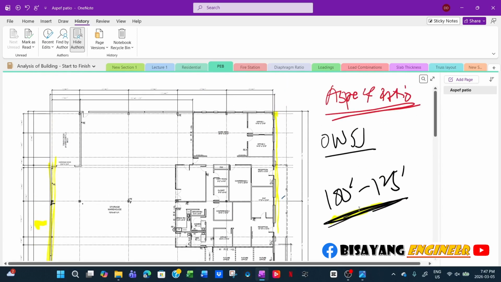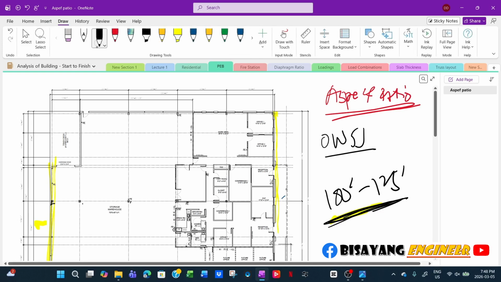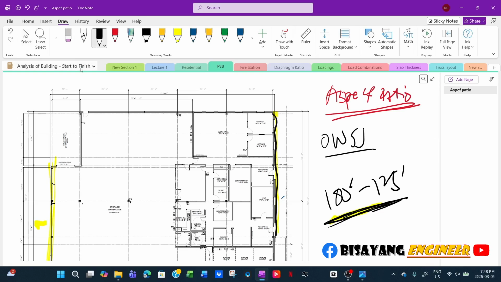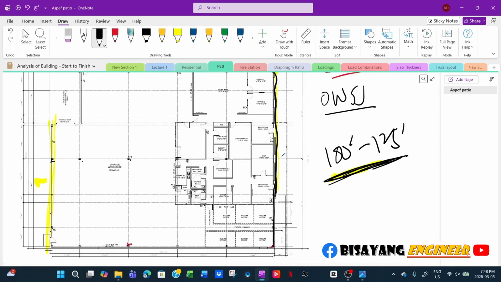What it means is, when the supplier manufacturer designs this particular frame, it will be designed as a clear span, or if there's intermediate support, it will be designed with intermediate support there. And then the tributary would be as if there's another bay here, and then half of that. So it will be the same design as this one.